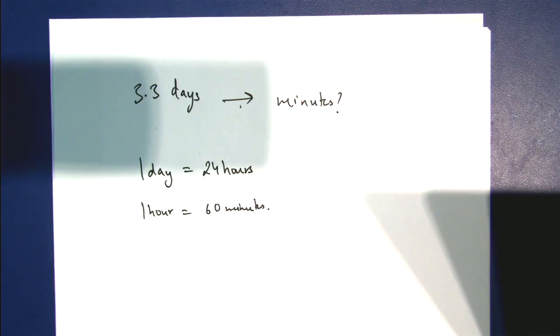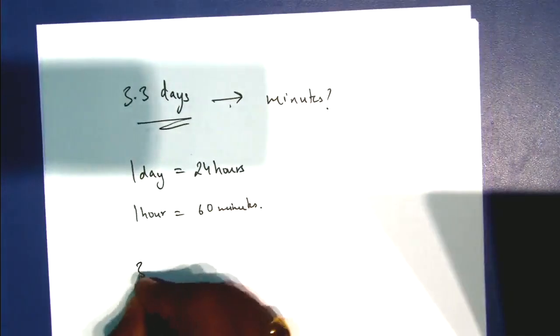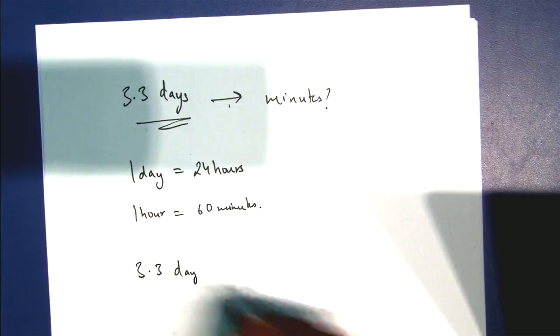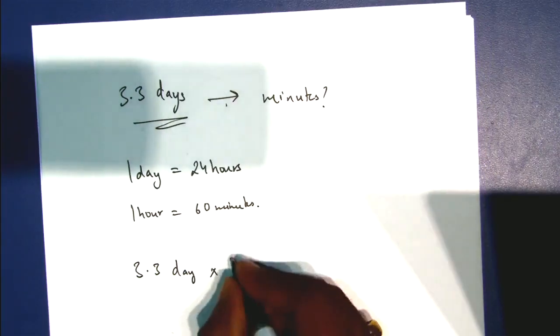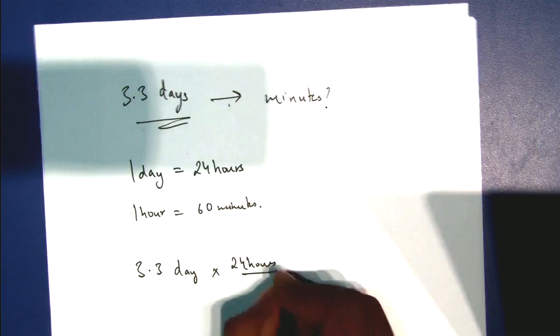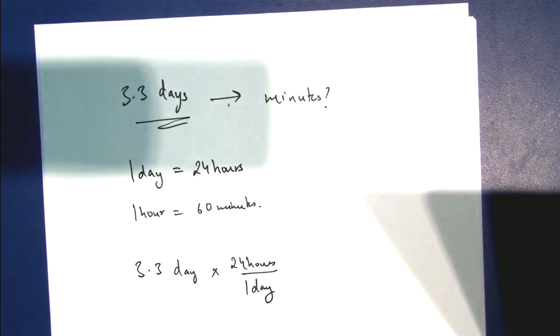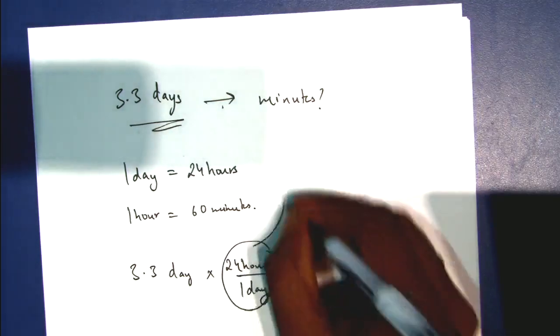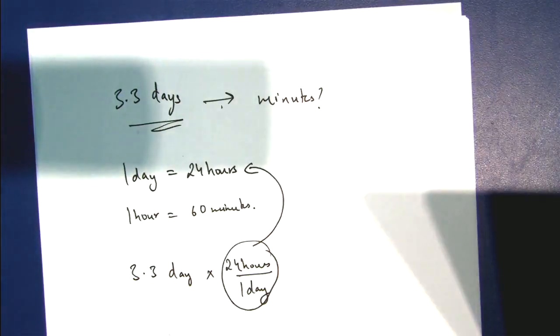Everyone with me? Okay, the first unit I want to cancel is days. So this number, 3.3 days, multiplied by 24 hours over 1 day. This is where you put the day in the units, and this ratio is 1 because of the conversion factor.